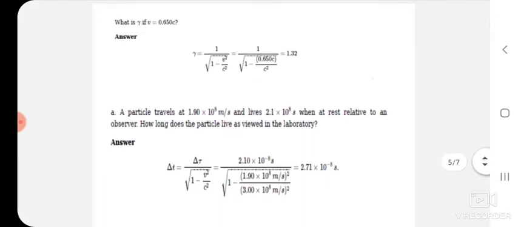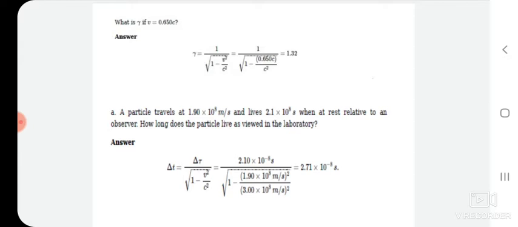Next, if v is equal to 0.65 times c, then find out the gamma. If they give the velocity of that object as 0.65 times the velocity of light, then find out the gamma.